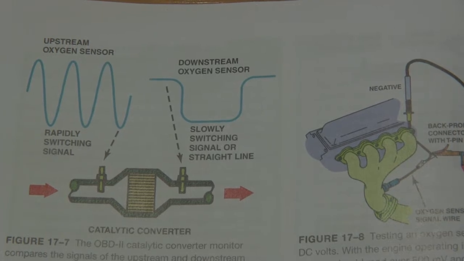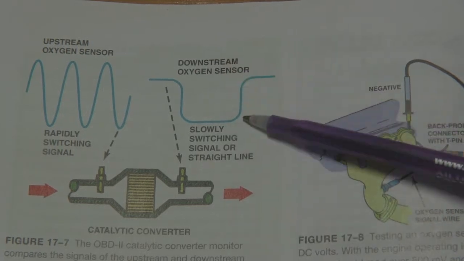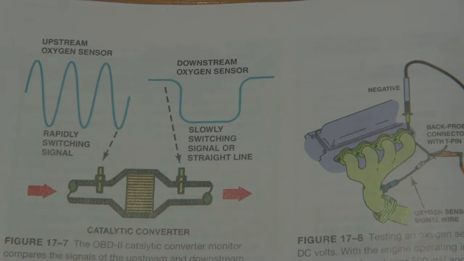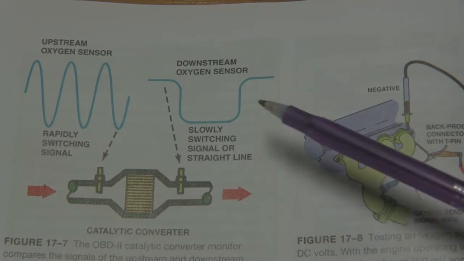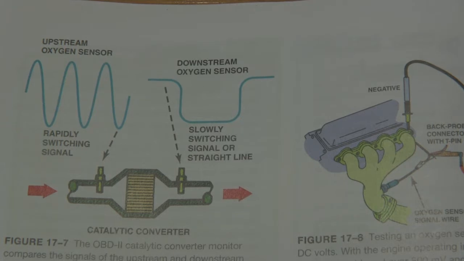So what happens in most of these computer logic, the code enabling criteria and situations, is the downstream oxygen sensor is compared to the upstream oxygen sensor. And so the comparison means that if the downstream looks like the upstream, the catalytic converter did not do its job.